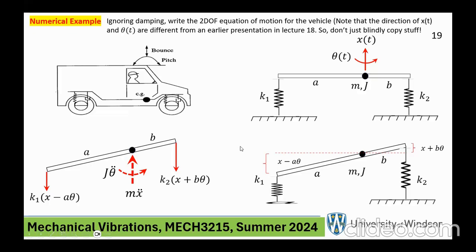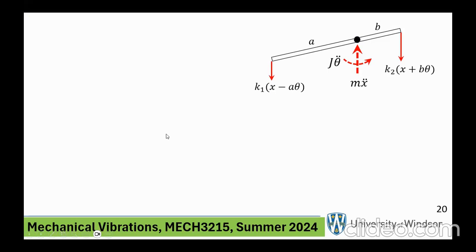As I said, we should not be blindly copying this thing. I called this L2 and this one L1, but here it's going to be B and A. Okay. Now, drawn for you for simplicity, for completeness.